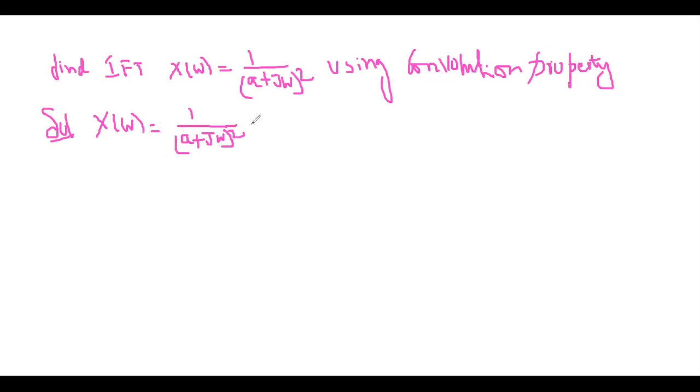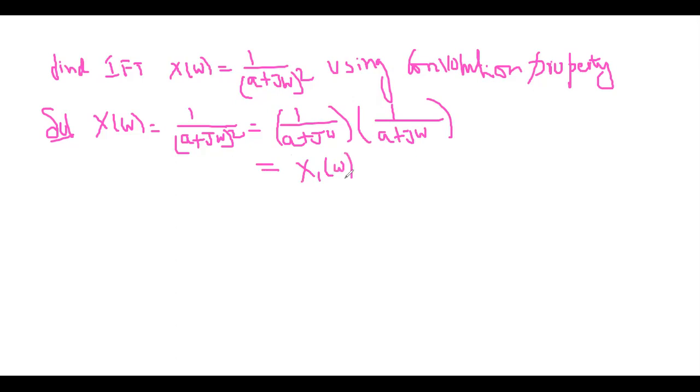I'm using this 1 by a plus j omega as one function, and another one is 1 by a plus j omega. This is considered as x1 of omega, another one is x2 of omega, so x of omega is equal to x1 of omega into x2 of omega. Okay, my dear students.